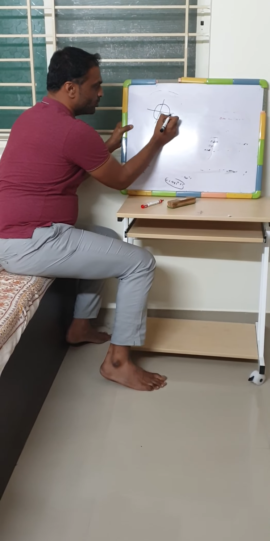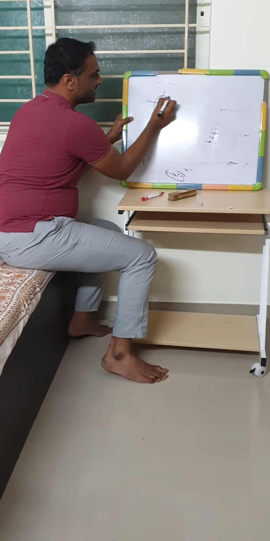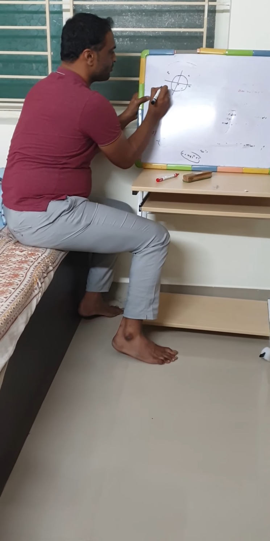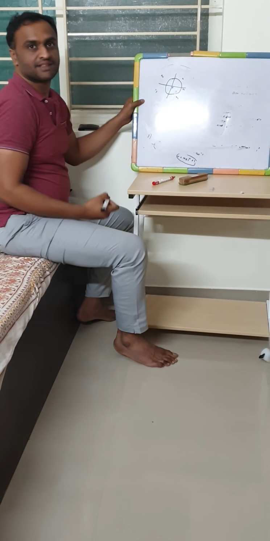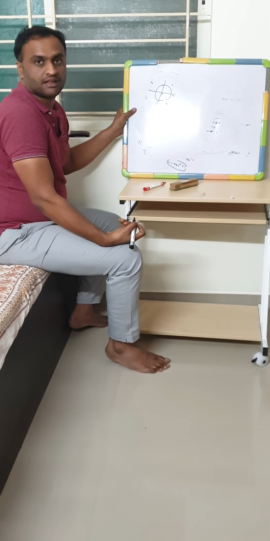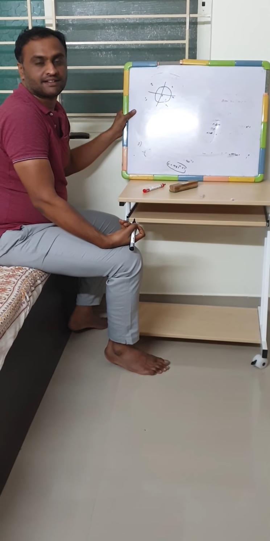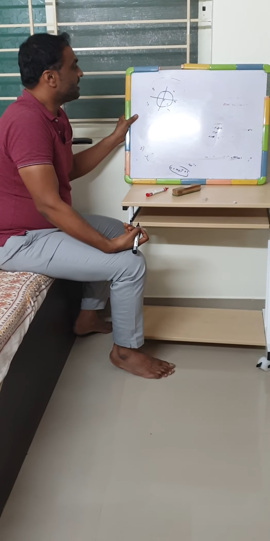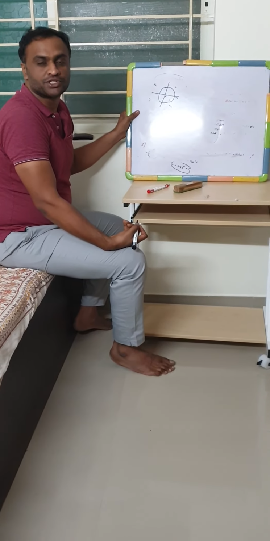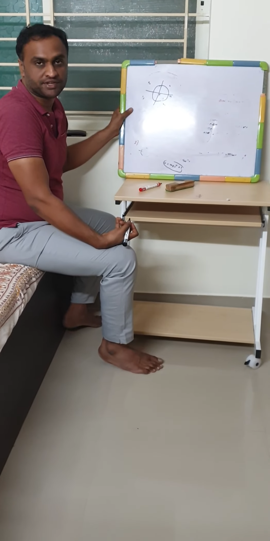Based on the position of the moon, which can be anywhere in Q1, Q2, Q3, Q4, there will be an impact on earth, meaning there can be positive vibrations or negative vibrations.